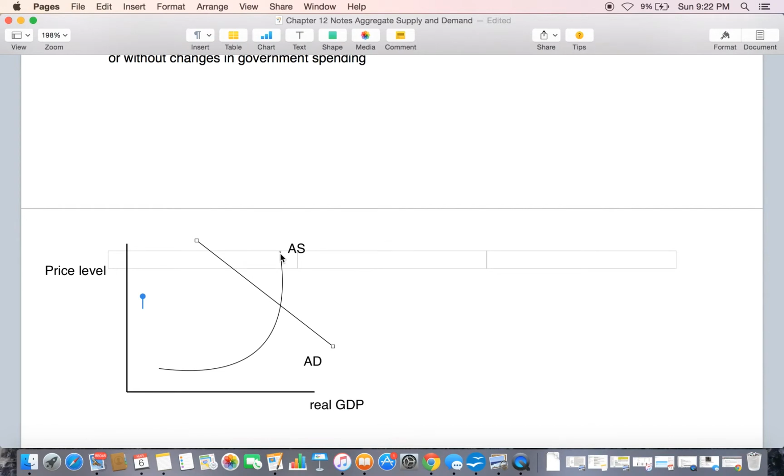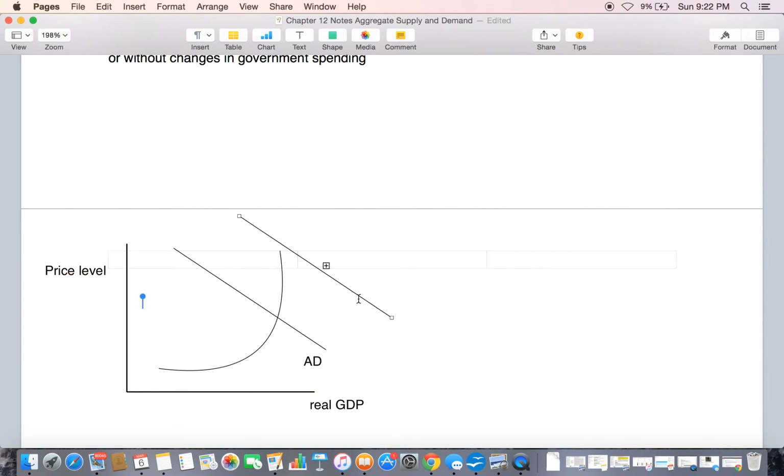And where the aggregate supply curve is vertical actually represents our full employment or potential GDP. And what that's saying is that with the available land, labor, capital, technology that we have today, so ceteris paribus, how much can we produce?